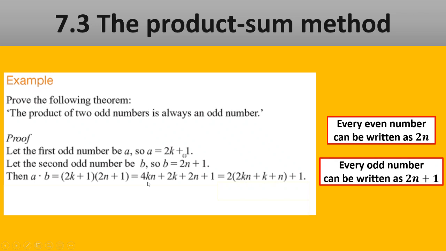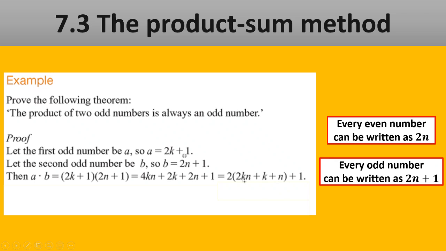This becomes 4kn, that's this part. 2k is here, 2n is here. And I'll leave this plus 1 outside of my brackets because I want it to be there. Why? Well, take a look at everything inside of the brackets: 2kn plus k plus n. You're going to do something very peculiar here.